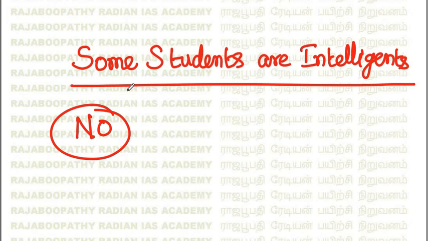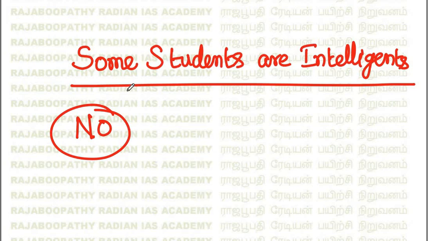If I say some students are intelligent in the class, it is a positive statement. The conclusion has to be positive. You cannot draw a negative conclusion from a positive statement. At least one student is intelligent, that's all. You cannot conclude that some students are not intelligent, which is wrong. So this is the principle of logical reasoning.